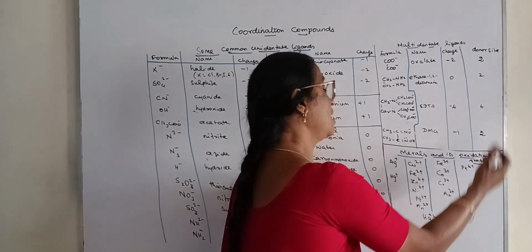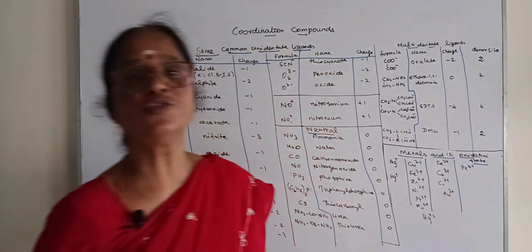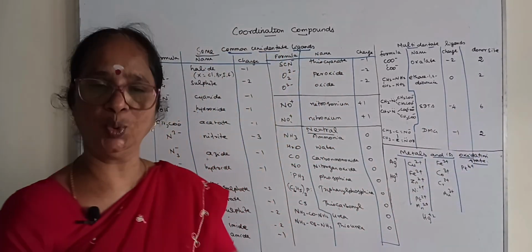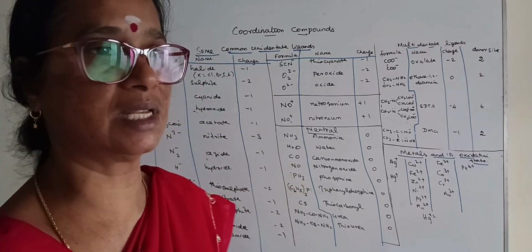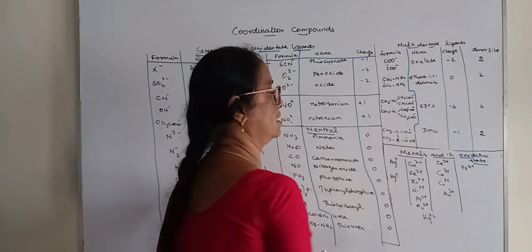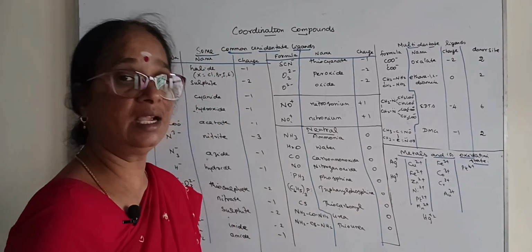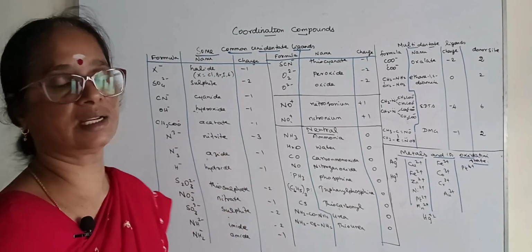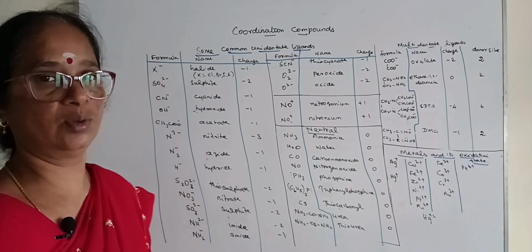And the tetra-positive ion is platinum 4+. So based on these metal ions, you will get most of the complexes. So you can remember the probable positive oxidation state of the metal, but anyhow you have to confirm exactly the charge carried by the metal ion.